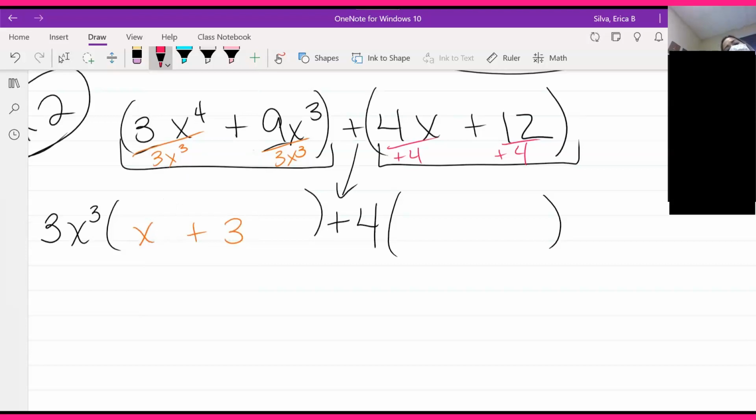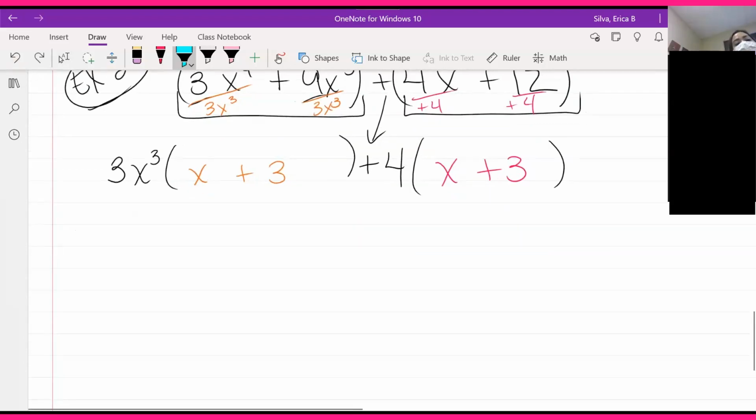And 4x divided by 4 is just x. 12 divided by 4 is a +3. Now you can tell if you're on the right track if these come out exactly the same. If they don't come out the same, then you might have made some mistake in your math. Go back and check it.